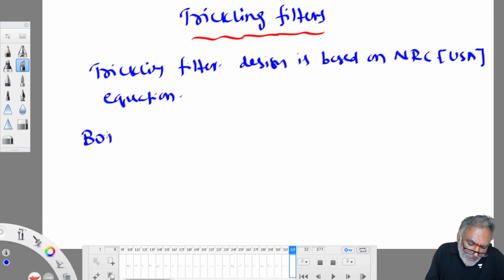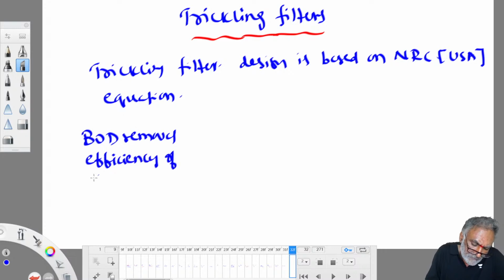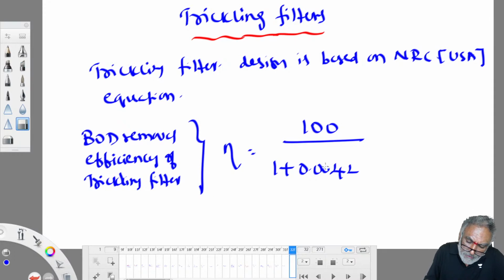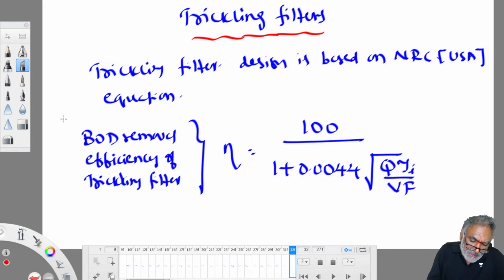So they have given the BOD removal efficiency of trickling filter is equal to 100 by 1 plus 0.0044 root of Q into Y by V into F. So this equation is given.